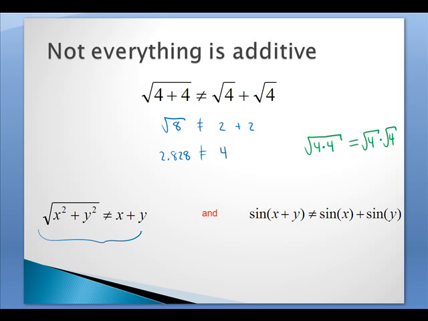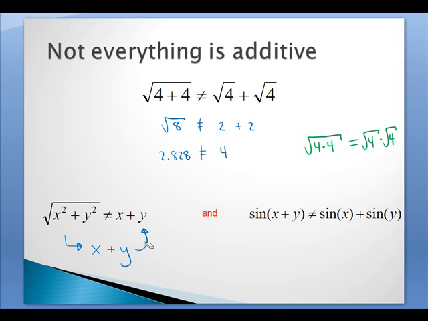Now the same would go for here. If I replace those numbers with variables, well then the same goes. Root x squared plus y squared does not equal x plus y. This is a very common mistake that students tend to make. They would take the root of x squared, which is x, plus the root of y squared, which is y, and so that's where they would get the right-hand side.